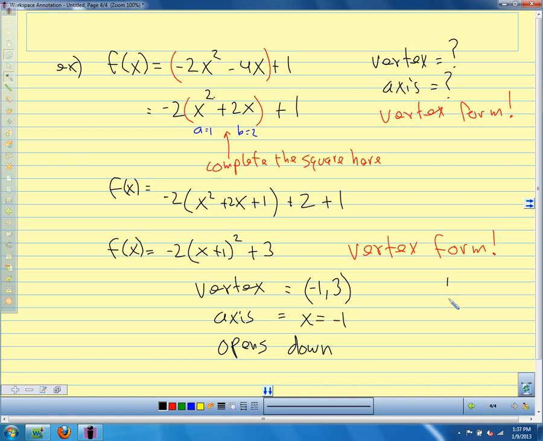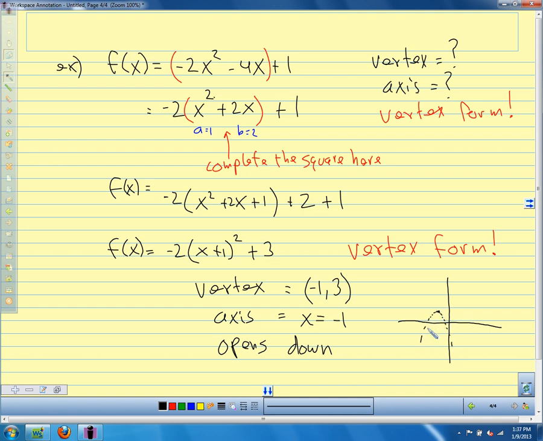So if I make a quick sketch here, I'm at -1, 3, and it opens down. So our parabola would look something like this.